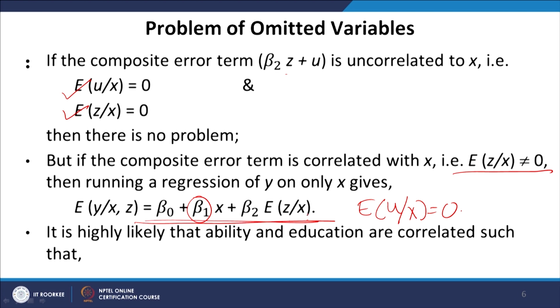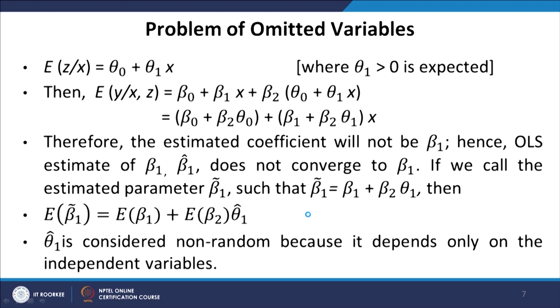It is highly likely that ability and education are correlated such that the expected value of z given x is equal to theta naught plus theta 1 x. So, we are assuming a linear relationship between z and x.